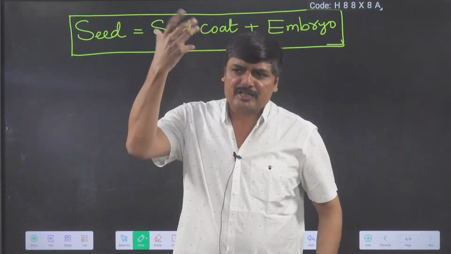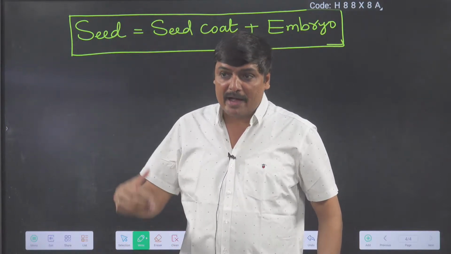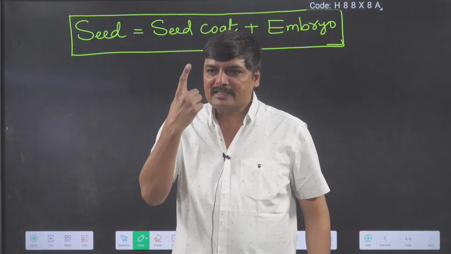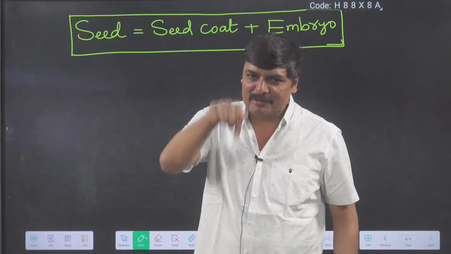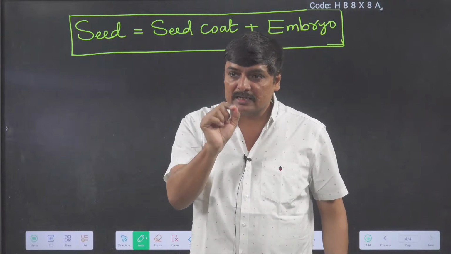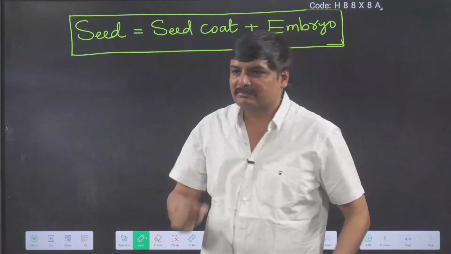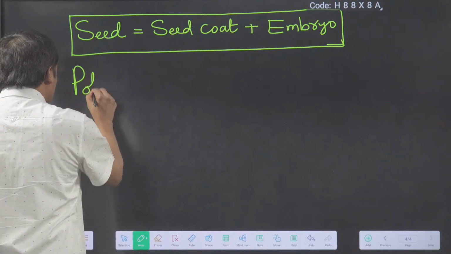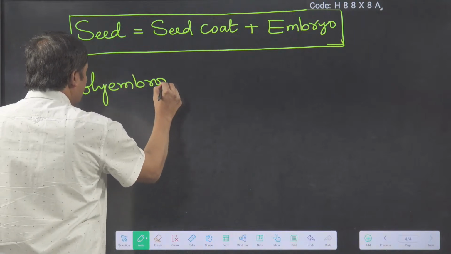But occasionally, in some plants like citrus, mango, etc., one seed contains more than one embryo or several embryos. That is known as polyembryony.